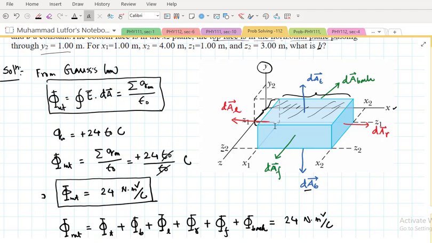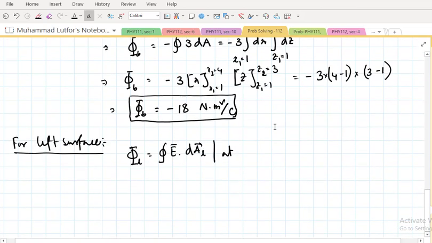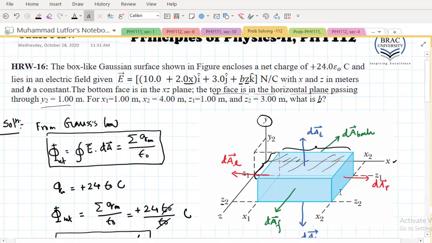In that case I will find the left surface, and I should write at x equal to 1. But if x equals 4, then that would be the right surface, which is x2.